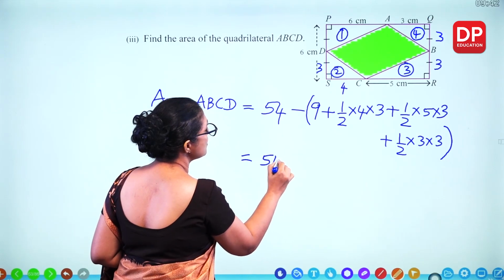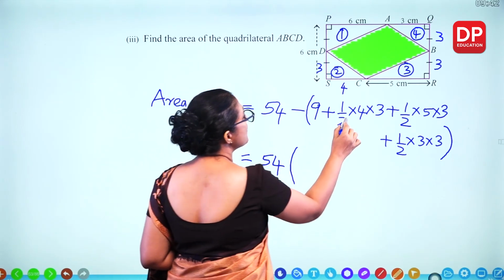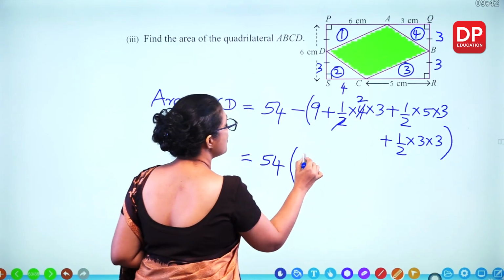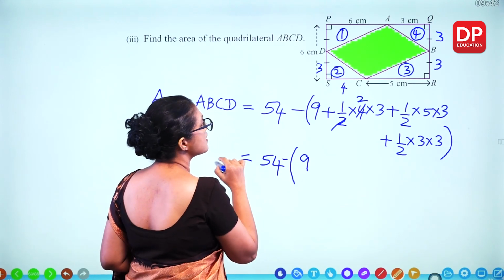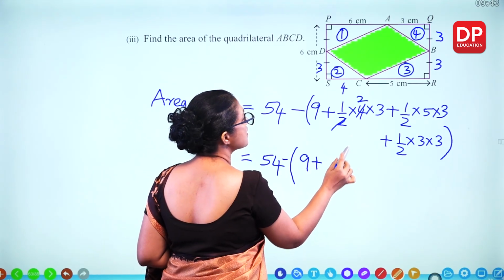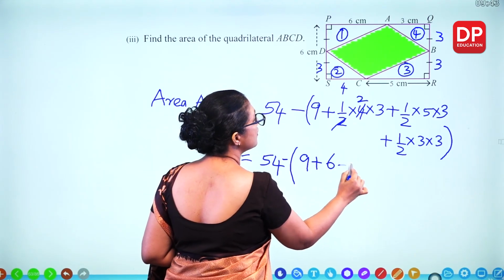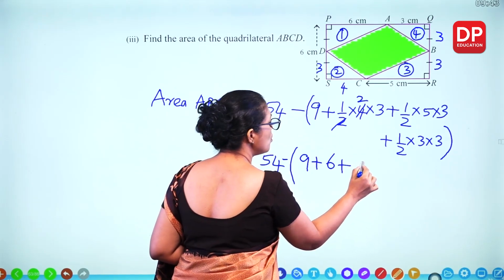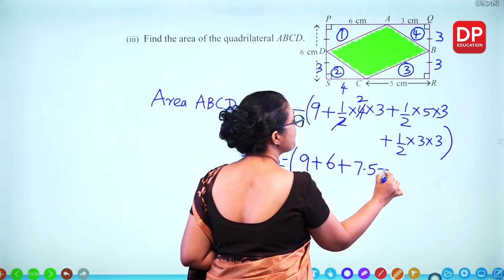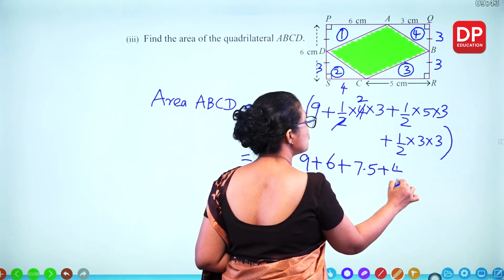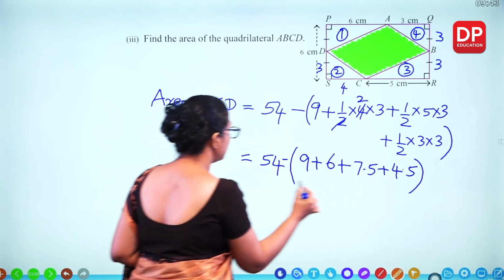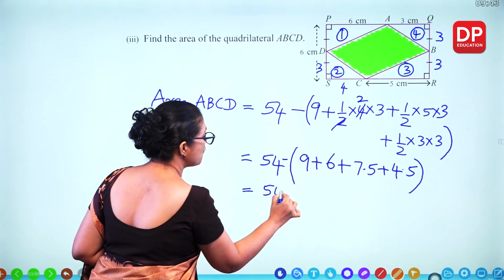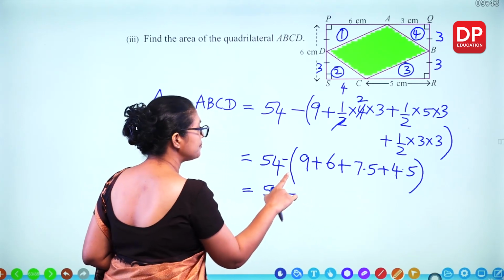Do the calculations. 54. Here 2 times 2, so 9. This is minus 9 plus 3 times 2, 6 plus. Here 15 divided by 2, 7.5. And 9 divided by 2, 4.5. So what's the total here? 54 minus.